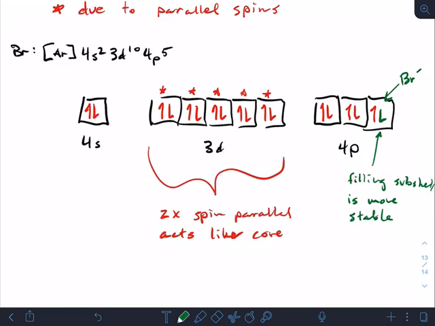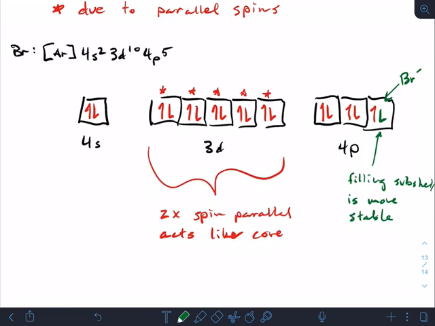So bromine has an incentive to pick up an electron because filling that shell all the way makes bromine more stable. And it also gives it the same electron configuration as a noble gas, now doesn't it?